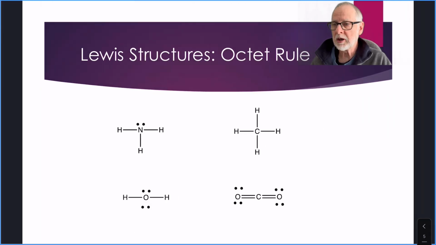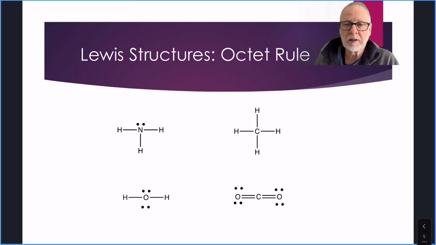All right, so here are some examples of molecules which do follow the octet rule. We'll note that in the case here, for example, nitrogen has 8 electrons, 3 pairs of electrons in the bonds, and then a non-bonding pair of electrons.